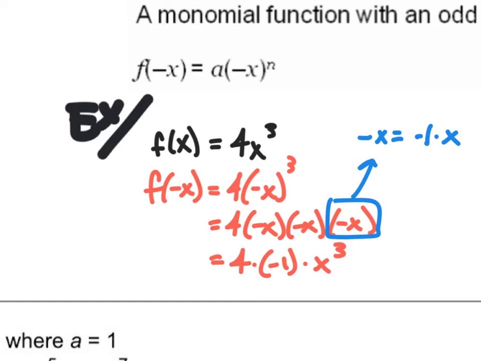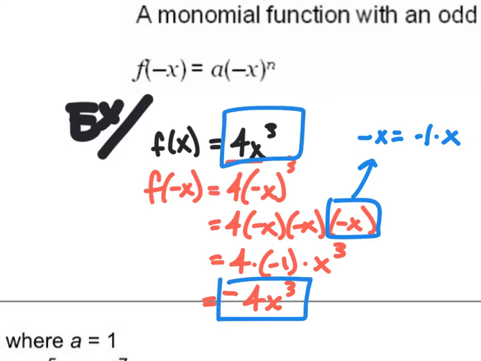As a result, look what happens. I have this entire function, 4x cubed, the same thing that I had up here, however, the entire thing is negative. This is your original function.